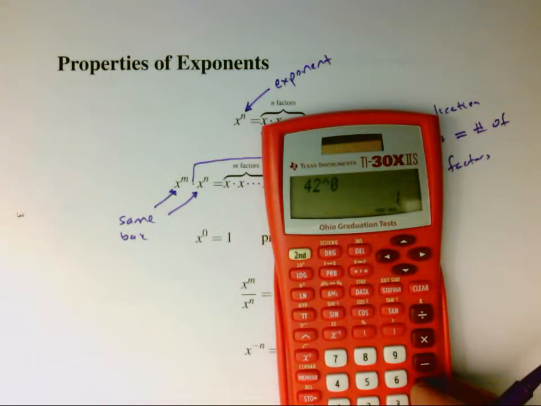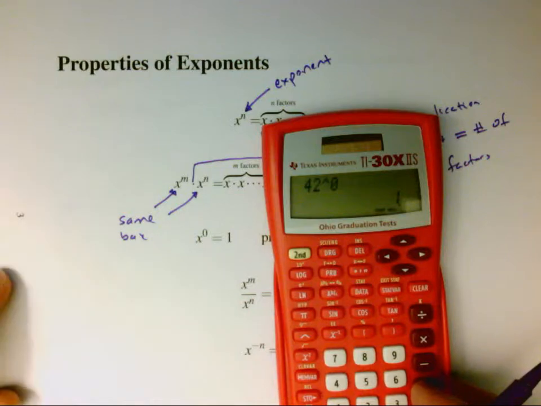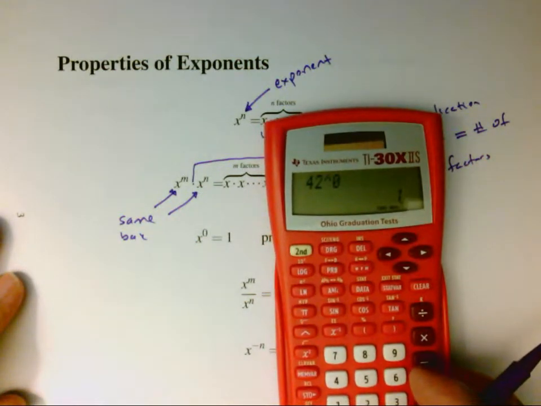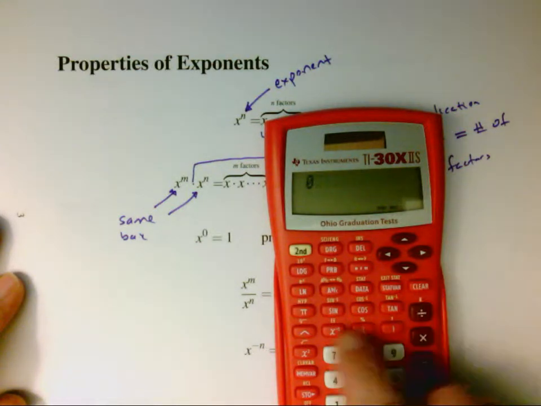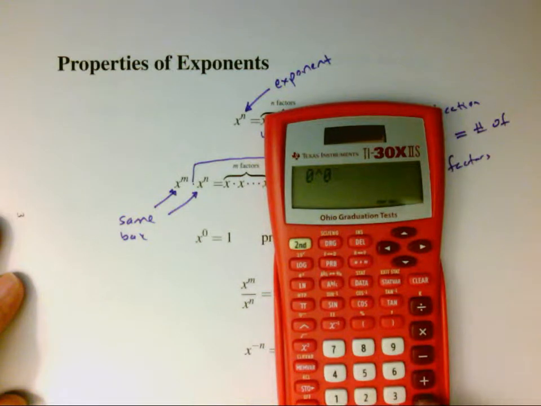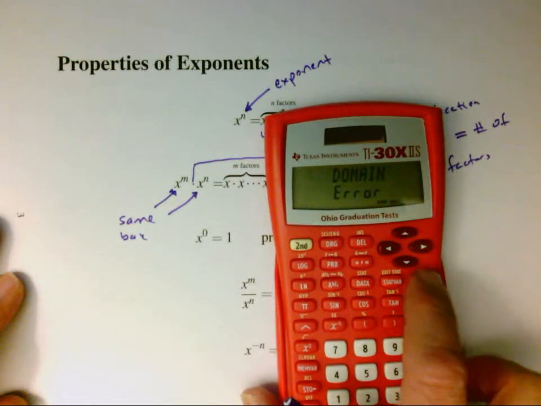Because if you have no x present, 0 x's, you still have a factor of 1. Just for completeness, if you try to do 0 to the 0, you'll get a domain error, which means that the thing is not defined for that input value of x.